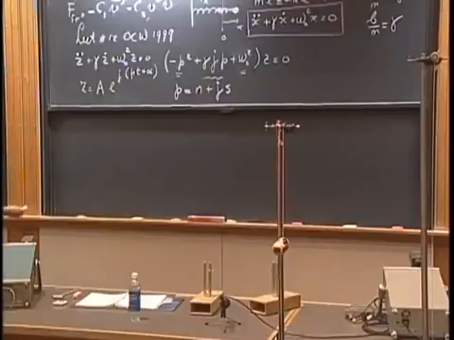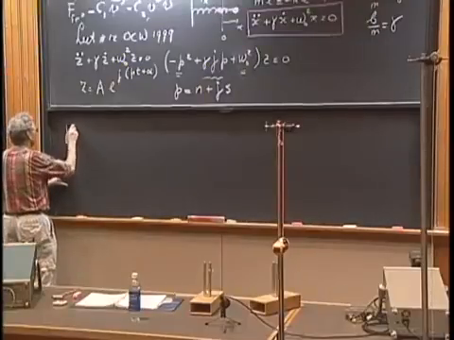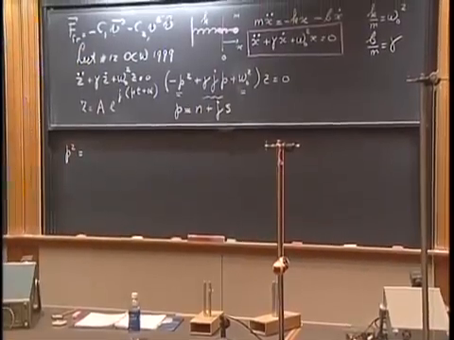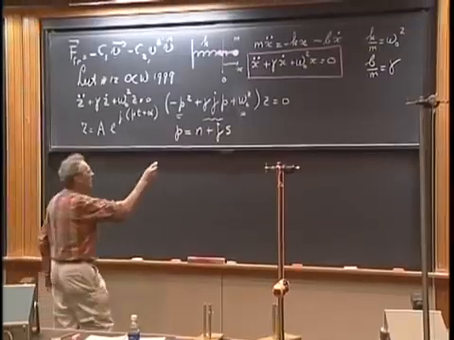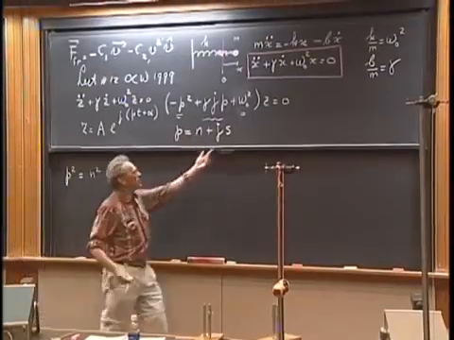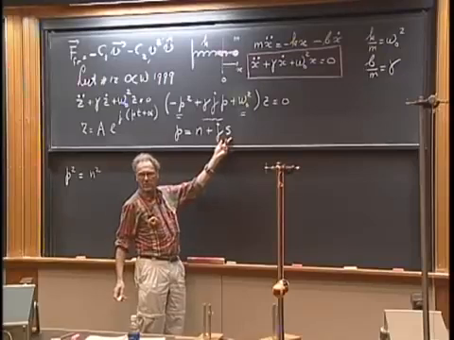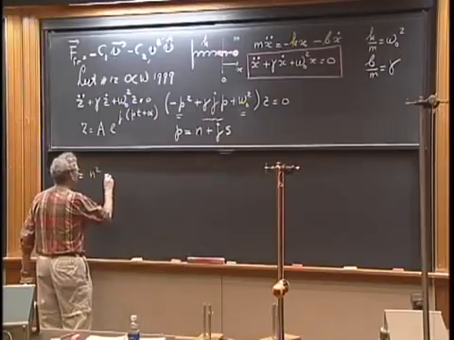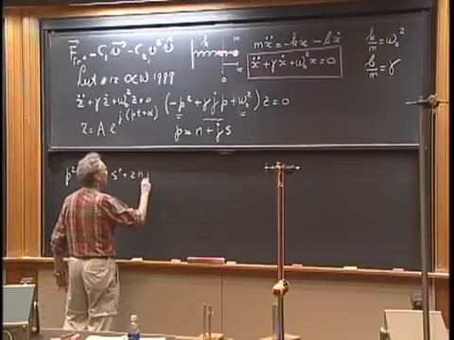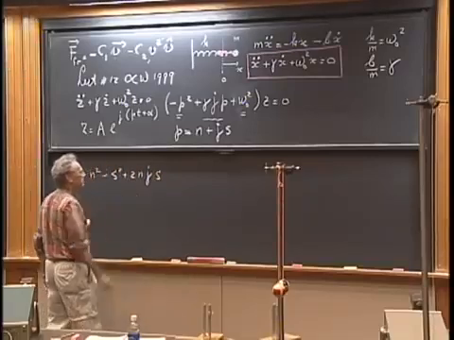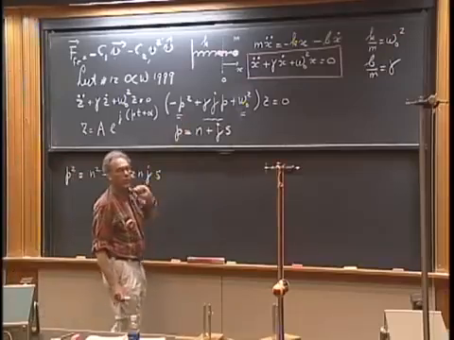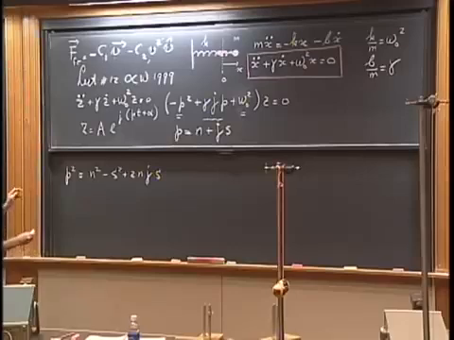So let's first calculate what p squared is. We go slowly, so we don't get into trouble with the algebra. So p squared is n squared plus this one squared, the j squared is minus 1, so that is minus s squared plus 2n times j times s. So now I can go back to this form and have minus p squared.